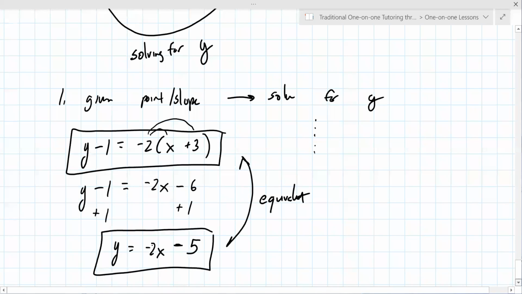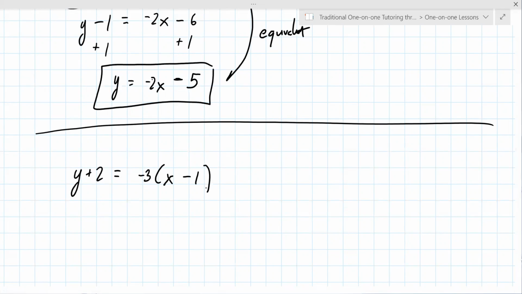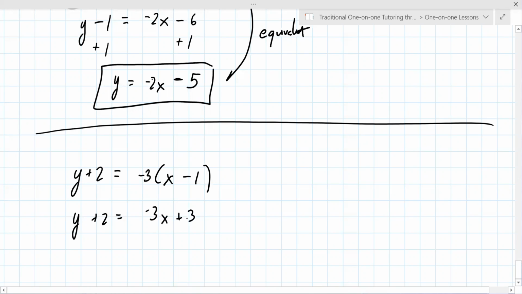Okay, so let me give you another one here. Let's say I tell you that it's y plus 2 equals -3x minus 1. You have to multiply the -3, so you'd have y plus 2 equals -3x plus 3. Then you have to get rid of the 2, so then it'll become y equals -3x plus 1.